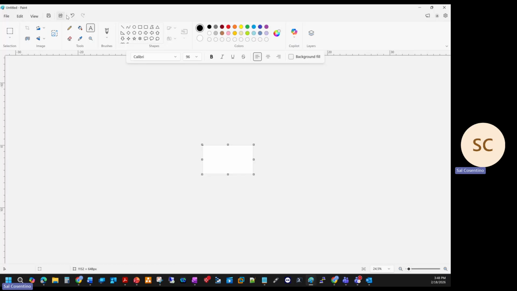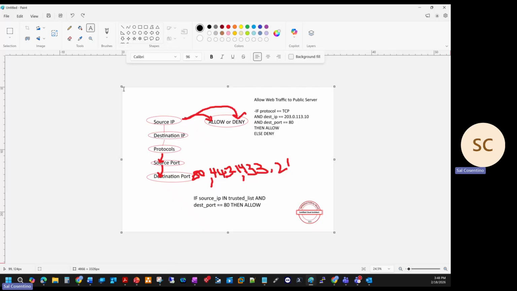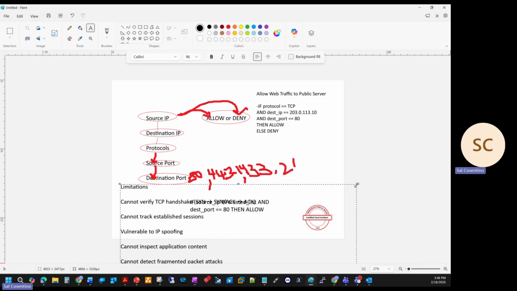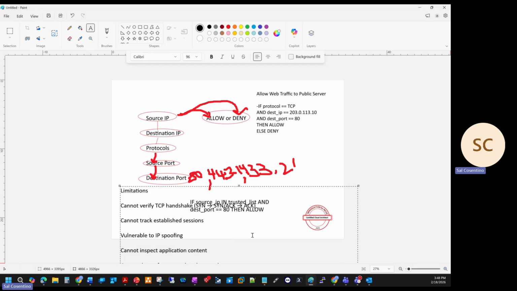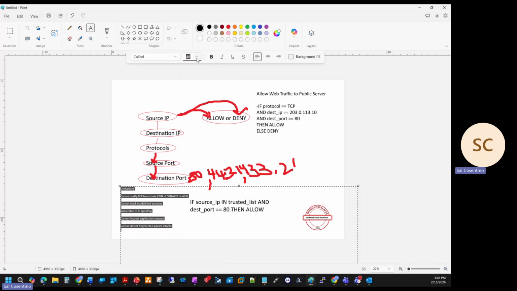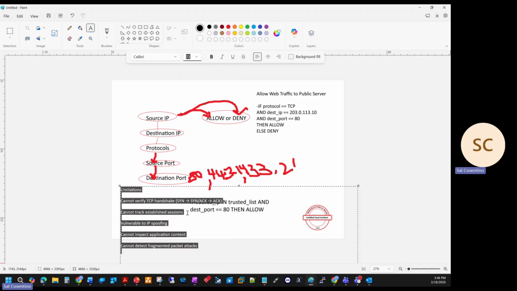All right, let's go back. So think about it that way. We're looking at these limitations in this image here.